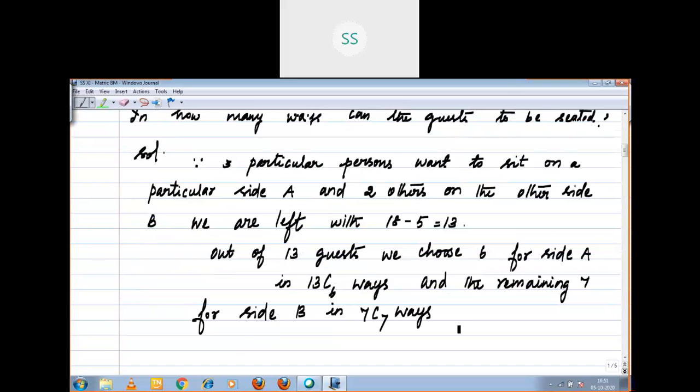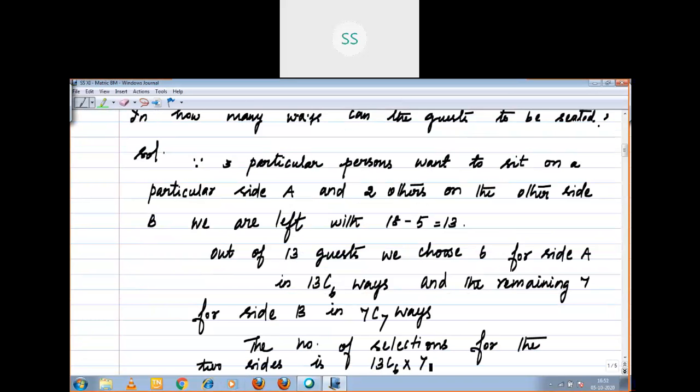All the 7 together sit in side B. The number of selections for the 2 sides is 13C6 into 7C7. Got it?